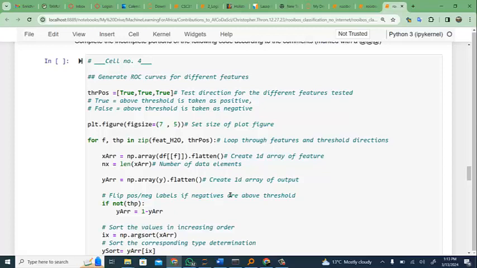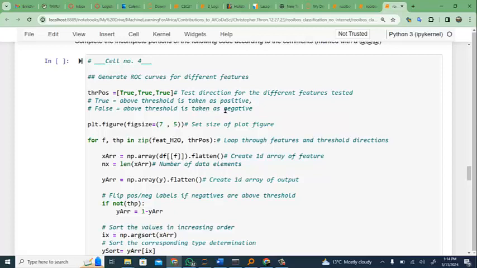Now remember what a threshold does. A threshold distinguishes between positive and negative. So far we've always said that the positives are above the threshold, the negatives are below the threshold. But it could be the other way around. It could be that the positives are below the threshold, the positives tend to have lower values, and the negatives tend to have higher values.